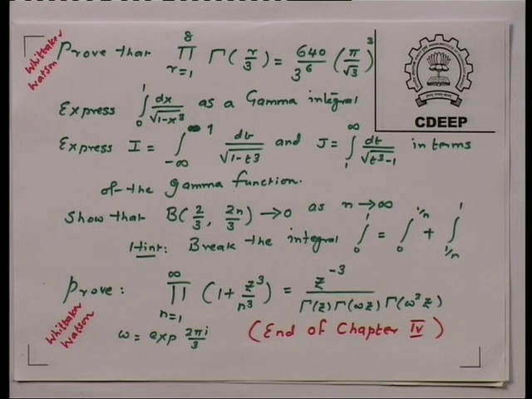R by 3, or you can write J by 3. It's a dummy variable, no? I just copied the problem as it is in Whittaker and Watson without bothering to change the symbols. So that is the end of chapter 4.